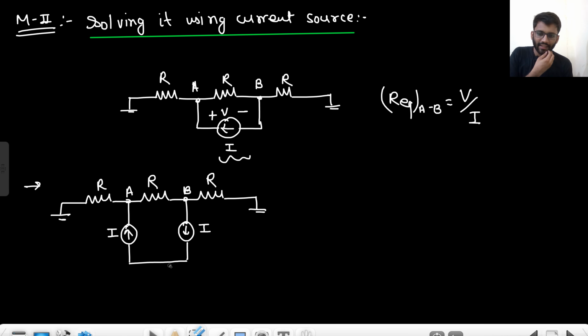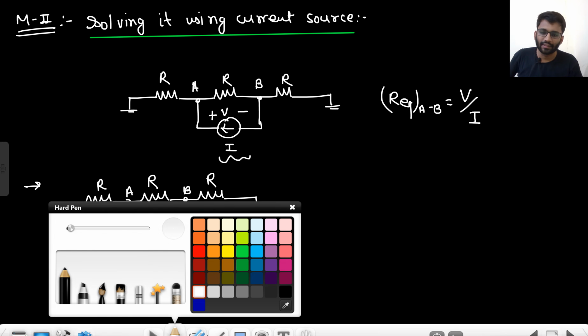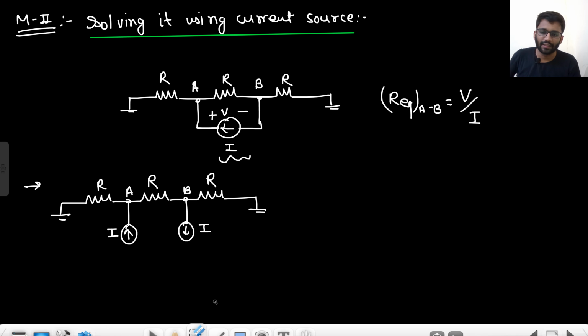And what I can do is that I can consider a common potential between them, right? I'm not saying it has to be ground. It's not necessary that it has to be ground. It can be any potential C as well. Let's consider a potential C in between them, because people will get confused with ground. If this is potential C, this will also be C. I have just broken down the one current source into two current sources.